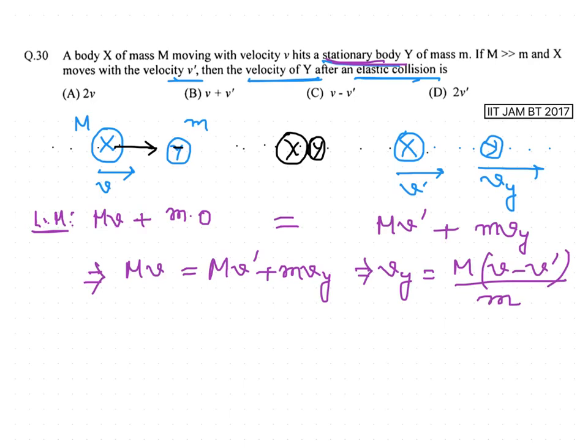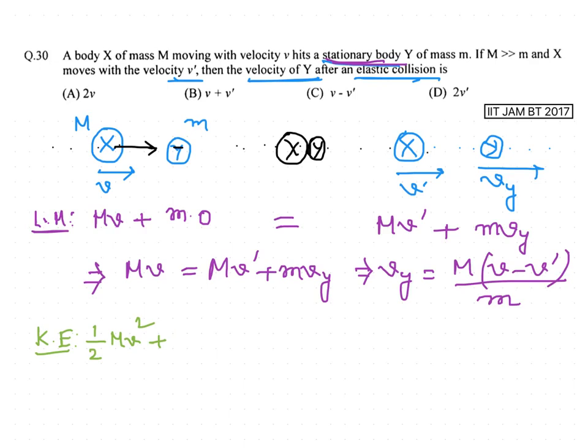Now, let us find the kinetic energy of X and Y before and after collision. Let us write it as KE. Kinetic energy of X before collision is half m v square, the formula for kinetic energy. So half capital M small v square.